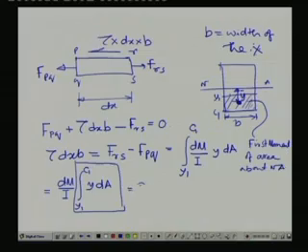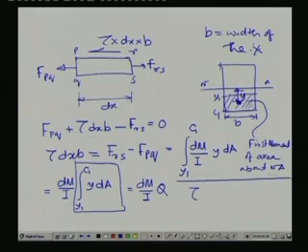So, it is customary to write this as dM by I into Q. Therefore, the magnitude of shear stress we are computing is dM by dx into Q by IB.